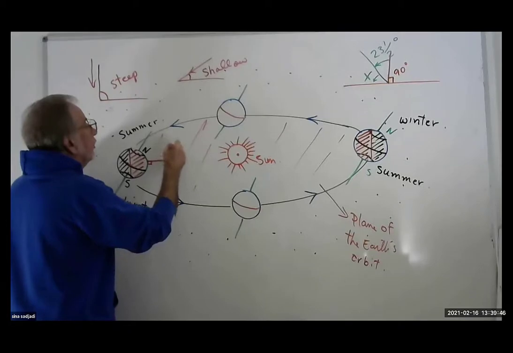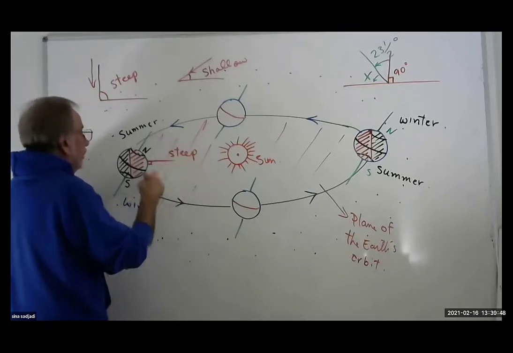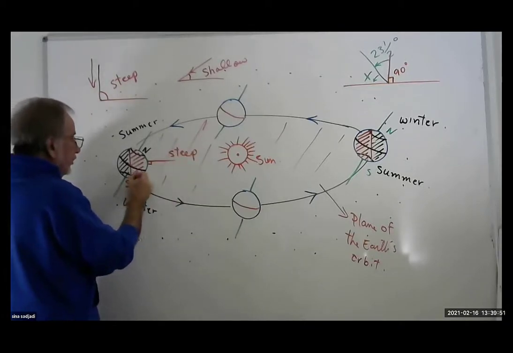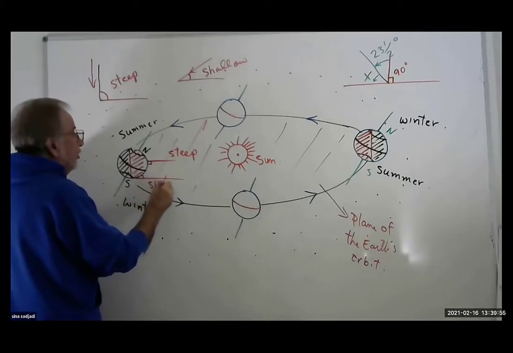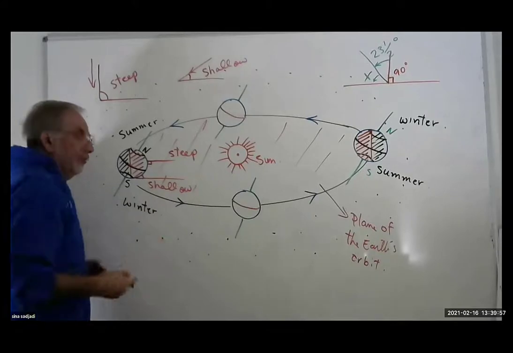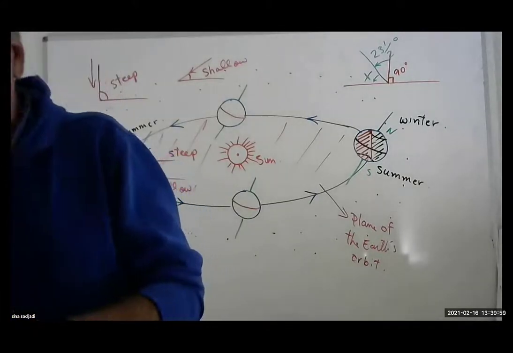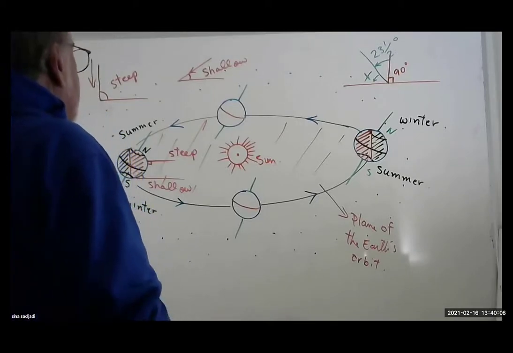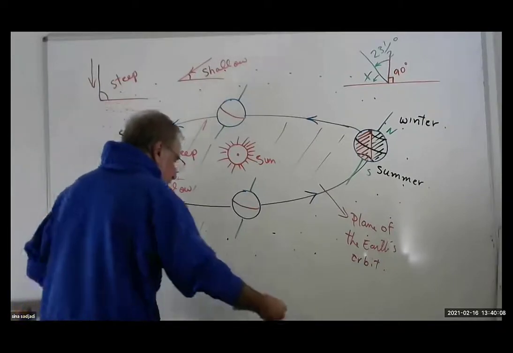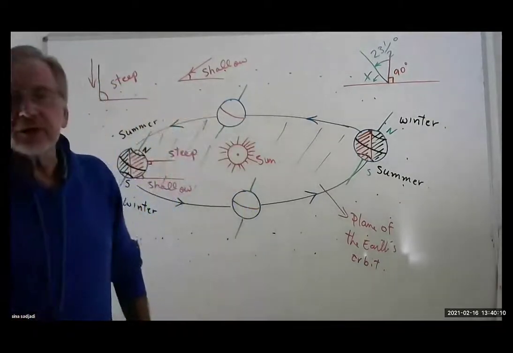Steep. How about in the south? Shallow, right? So that's why we have seasons. It's because of the sun's rays angles. It's not how close or how far away the sun is. Does that make sense to you guys?